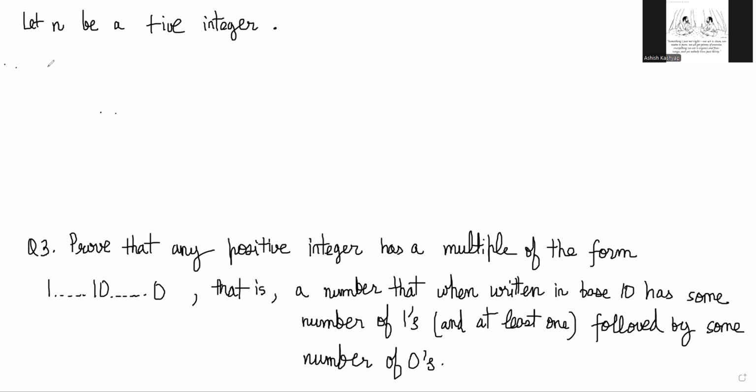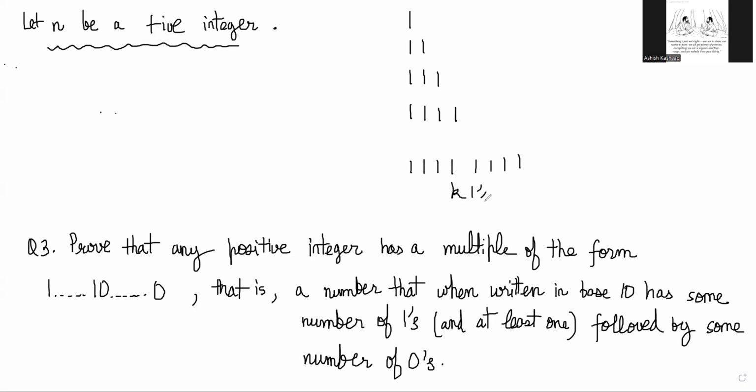So let n be a positive integer. And now we'll start thinking of the numbers 1, 11, 111, and so on until k ones. So here k can vary from 1 to n plus 1.